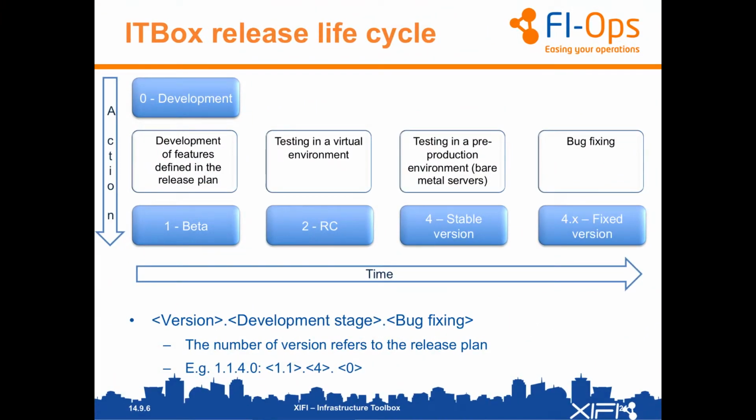The first part of the version number refers to the release plan: 1.1, 1.2, 1.3. The second part of the release number is the stage of the code. For example, as we mentioned previously, 1.2 is the version, .4 is the development stage, and the last part of the version number is the bug fixing version.